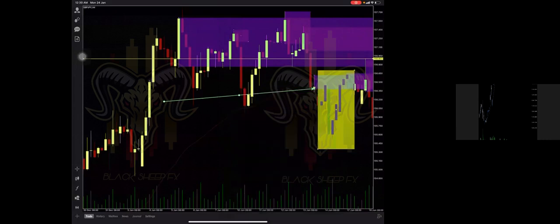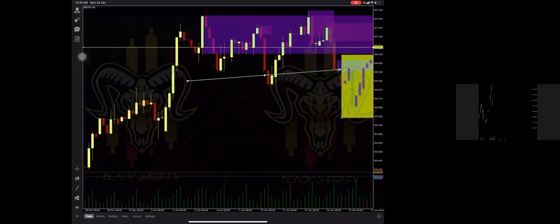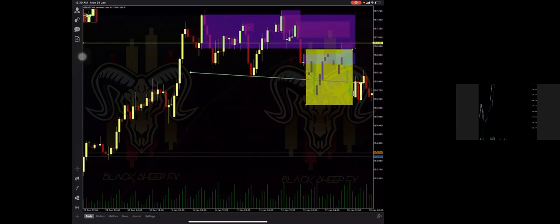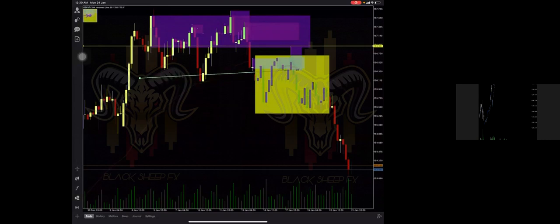Yellow, for example. Yellow box didn't happen. Meaning after the confirmation up here, it could just shorten the period of time and skip all this nonsense and just drop. You guys get me? This yellow box is nonsense. You cut this out of the picture.